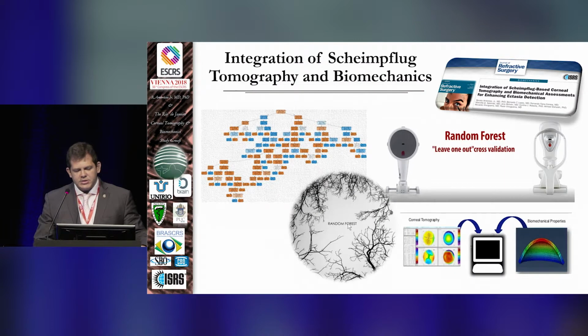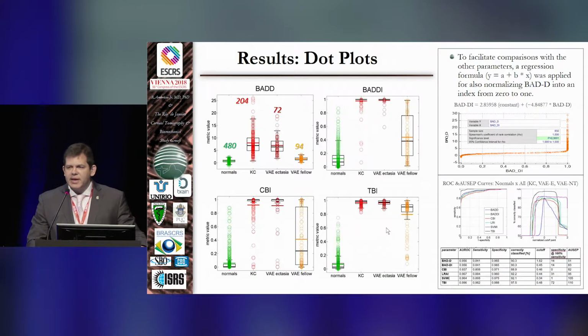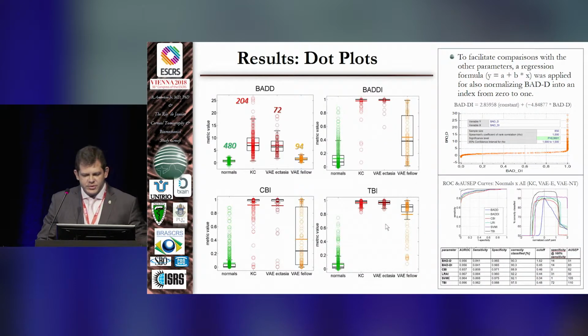We have dot plots, and we can compare those. The random forest is a very interesting metric calculation that you can integrate data using a very nice and fancy analysis. You have to be very careful for not having an overestimation for getting a good validation, and the leave-one-out cross validation really validates the model so that we have tomography data, biomechanical data, and we get an outcome with the artificial intelligence.